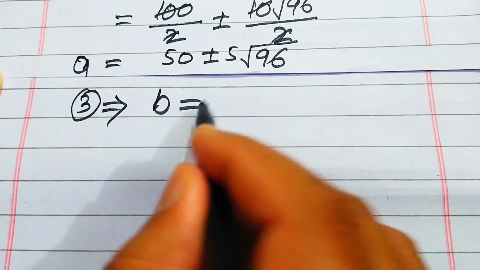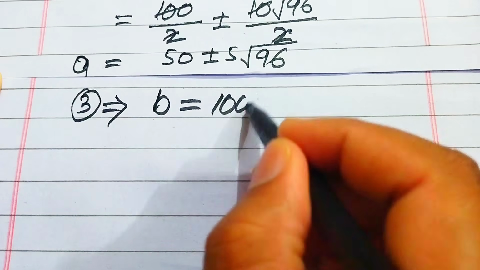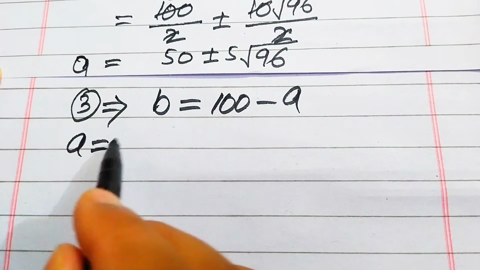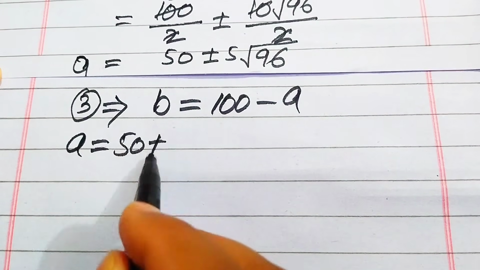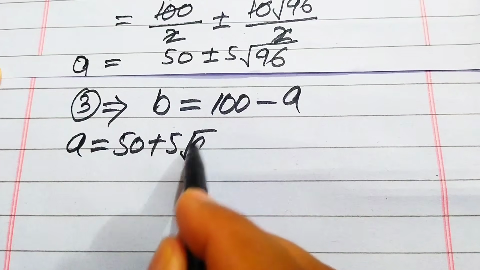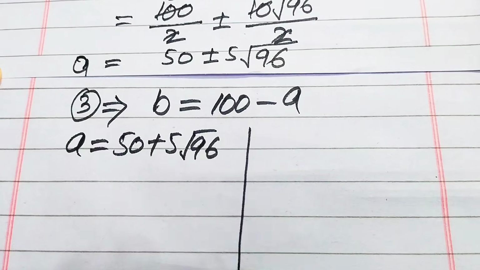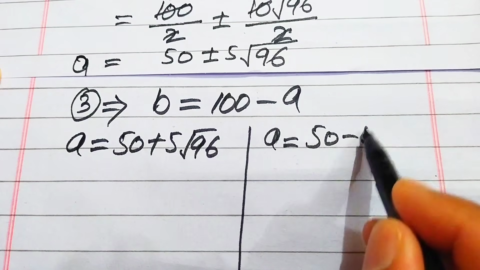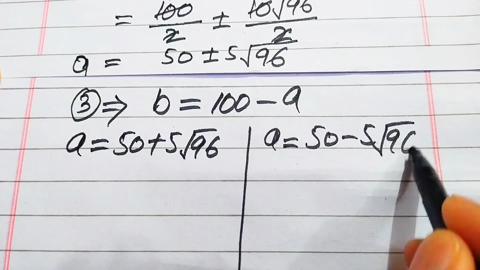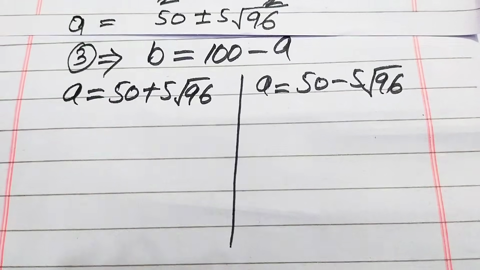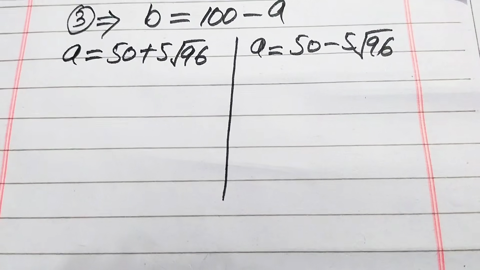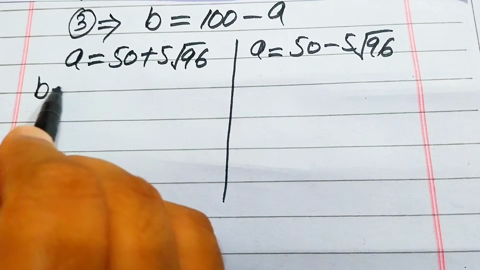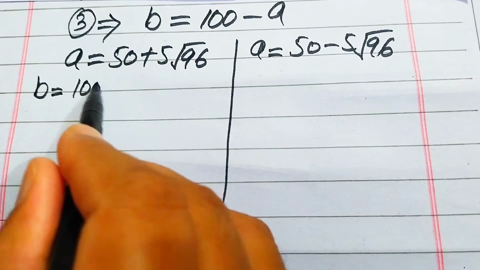For the values of b we copy down equation number 3 here. Equation number 3 implies that b equals 100 minus a, and on this side we put the positive value of a, 50 plus 5 times the square root of 96, and on this side we use the negative value of a, 50 minus 5 times the square root of 96. In the next step we need more simplification, and when you put this value here we get b equals 100 minus a.